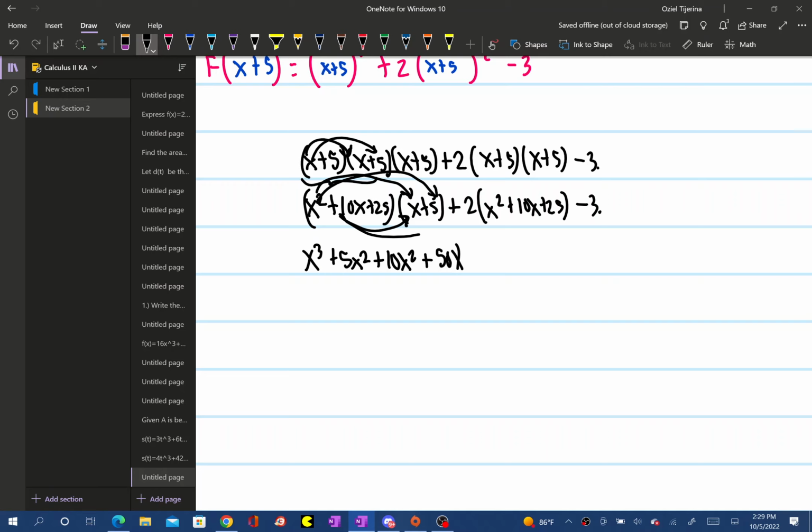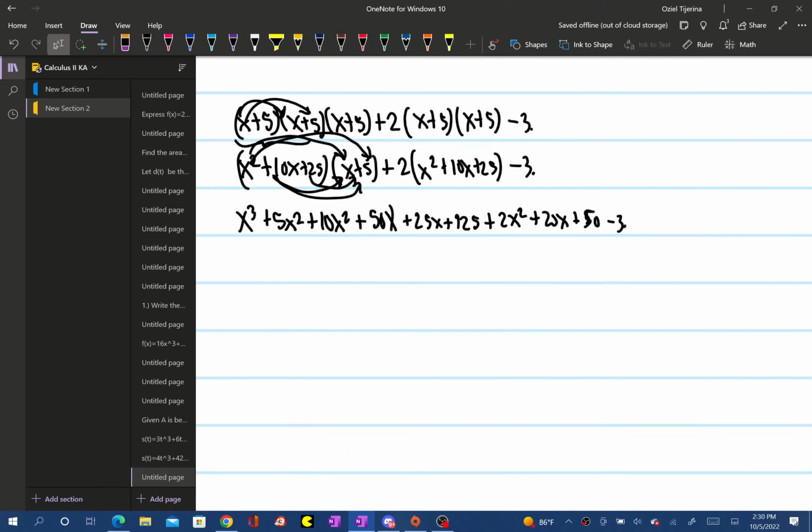Now this is a matter of combining like terms, cleaning it up. So we have a 5x squared, a 10x squared, a 2x squared, and then we also have a 50x, a 25x, a 20x, and then we also have a 125, a 50, and a negative 3.